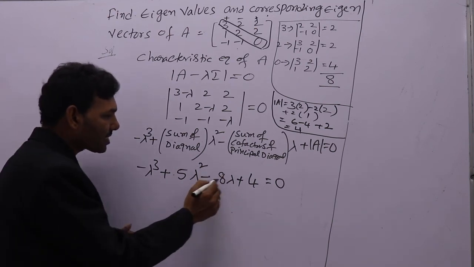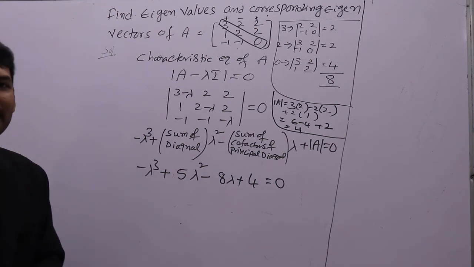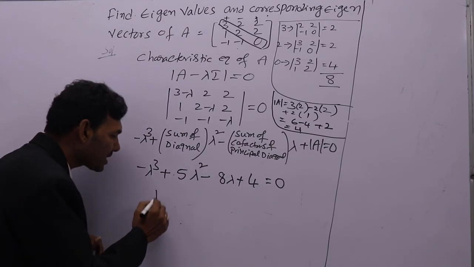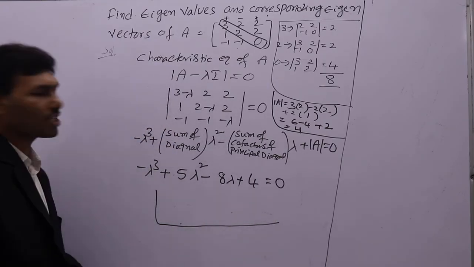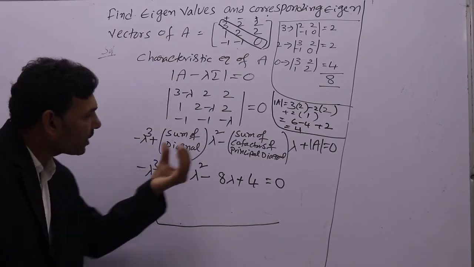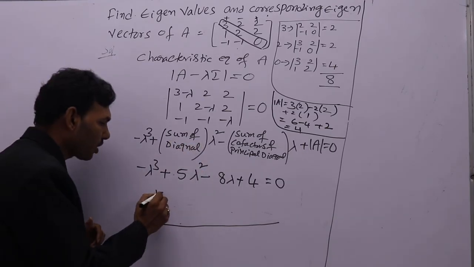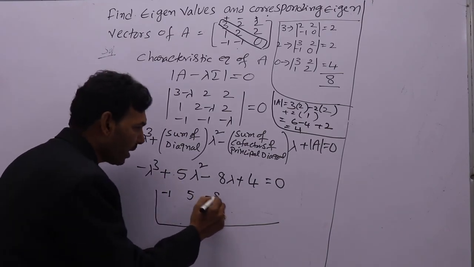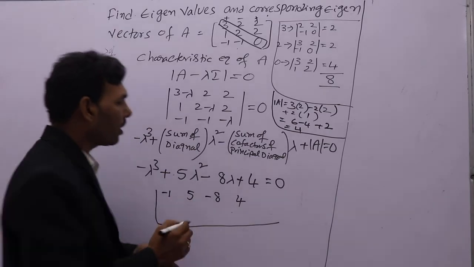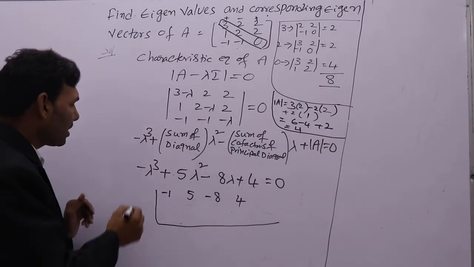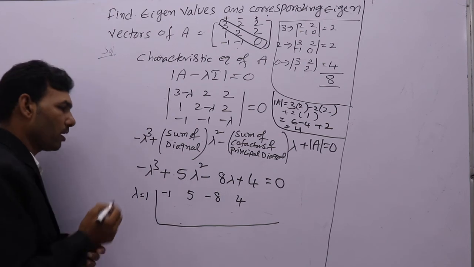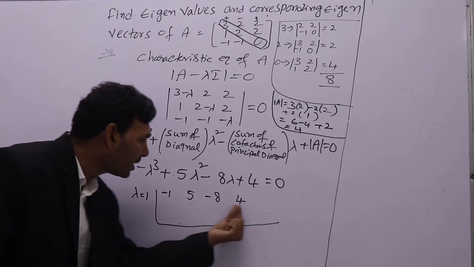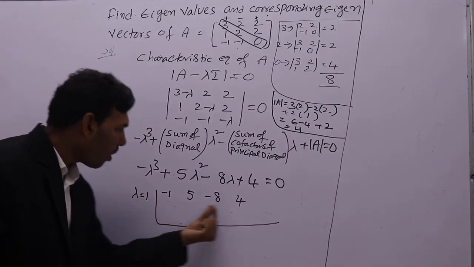To solve this characteristic equation, generally there are many methods, but this is a third degree equation. We need to use synthetic division, which you may have learned in lower classes. Synthetic division means first write all the coefficients: lambda cube coefficient minus 1, lambda square coefficient 5, lambda coefficient minus 8, constant 4. Now using the trial and error method, just try with lambda equal to 1. One more technique to decide whether lambda equal to 1 is a factor: simply add all these coefficients.